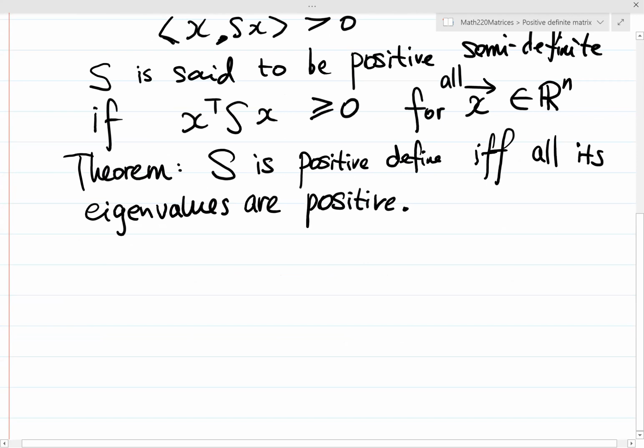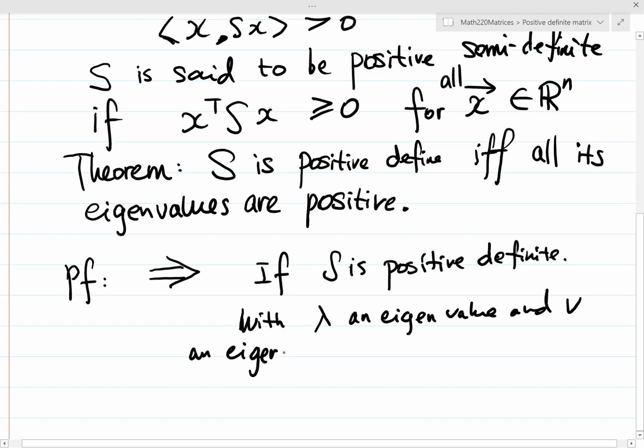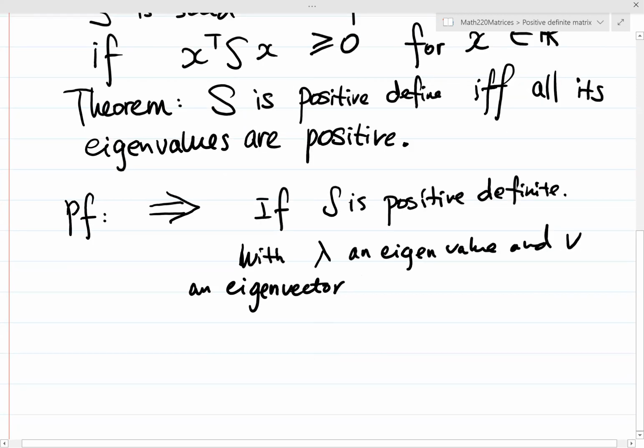Because if we assume S is positive definite, then we take v to be an eigenvector corresponding to an eigenvalue lambda.